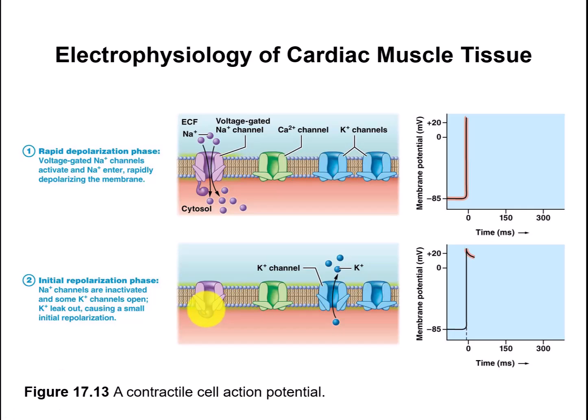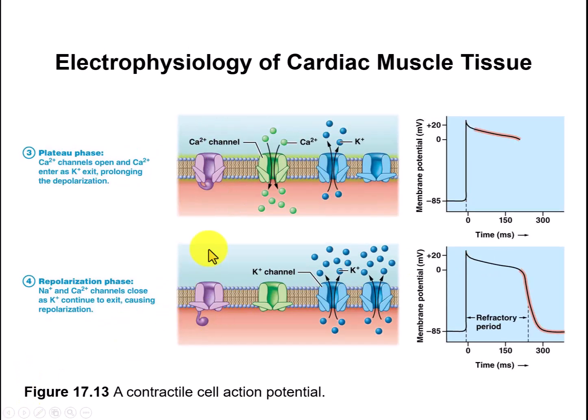Now the flow of sodium stops, potassium gates open, and we start to have repolarization. But we have an additional step in these contractile cells, where calcium channels open and prolong the depolarization. And so we get this plateau phase as the depolarization is prolonged. That is going to be for about 100 milliseconds, I think, if I recall correctly.